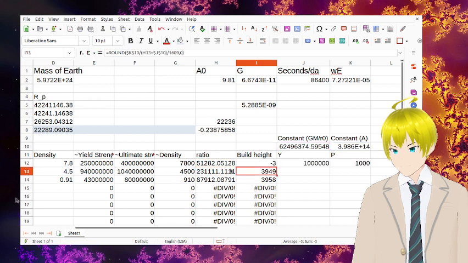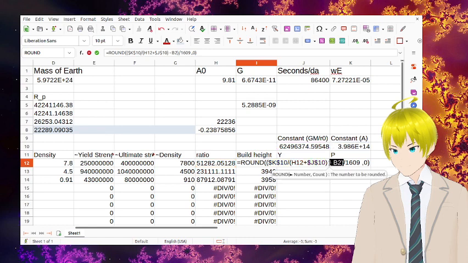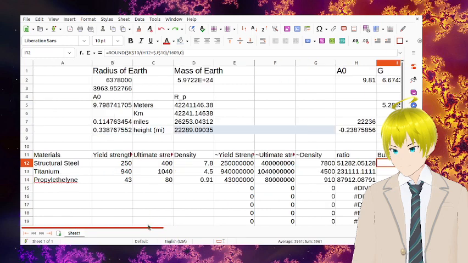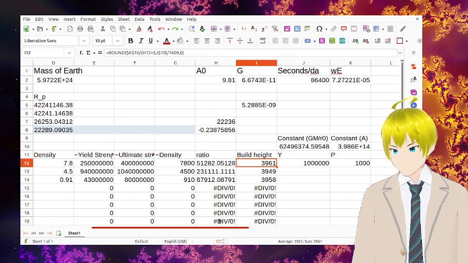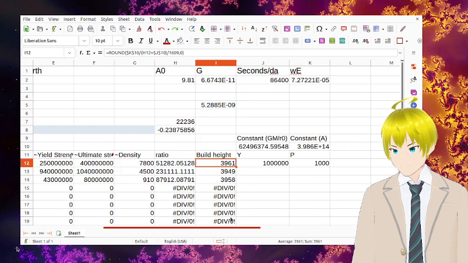No, because we know the build height is higher than a negative number. 3,961. How do we get a negative number there? Let me think.